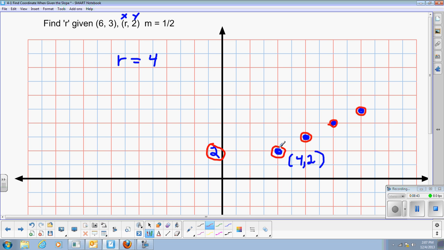And by putting that dot on there, I realized, hey, I was now where y equals 2. What is the value of x? I counted 1, 2, 3, 4, and said the coordinate here is 4, 2. That means the missing number is 4. So r equals 4. Okay, if you have any questions, be sure to ask them as you're working.